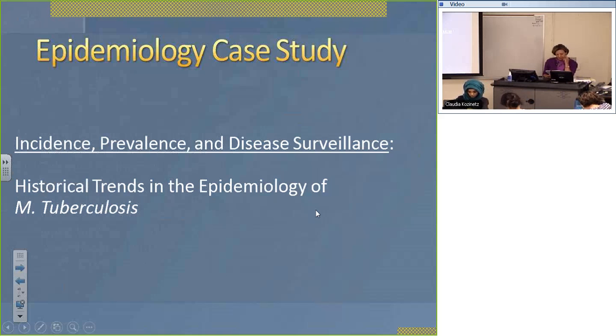Okay, what are the possible reasons there was such a large difference between the rates for these years? Could it be because TB was kind of active again? And I want you to take away the fact that these could be real changes or they could be artifacts of the data, okay?